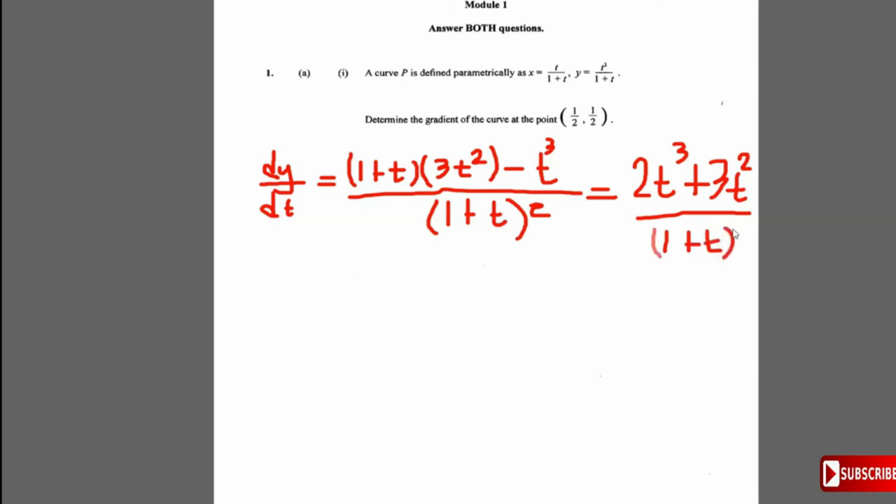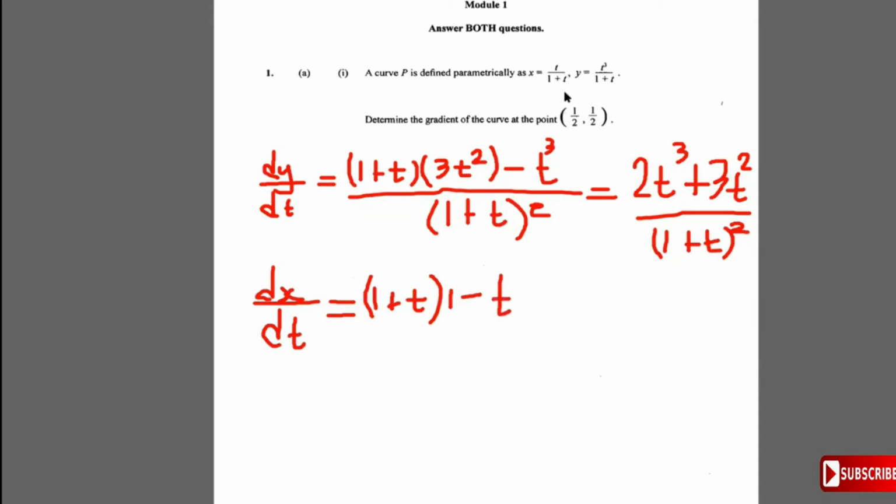So now let's go ahead and find dx dt. That means we're differentiating x with respect to t. We start with the bottom, which is 1 plus t, multiplied by the differential of the top. The differential of the top is 1, minus the top, which is t, times the differential of the bottom.